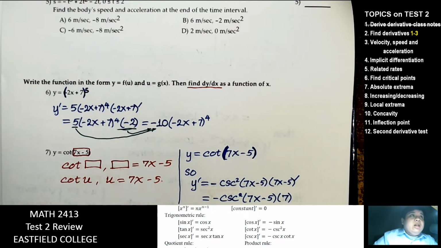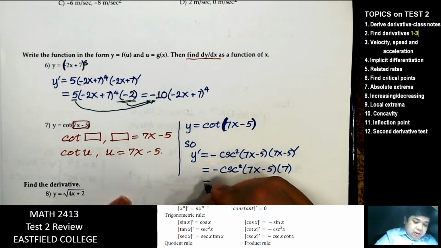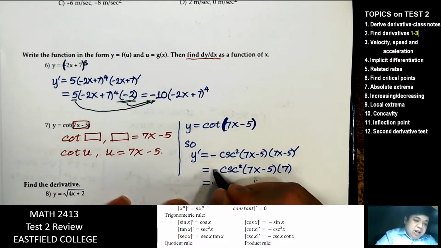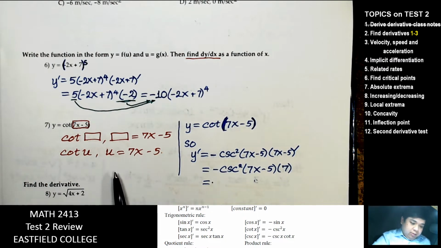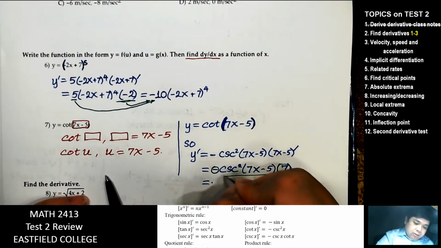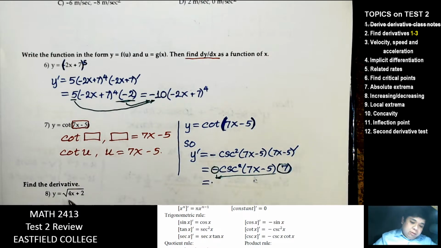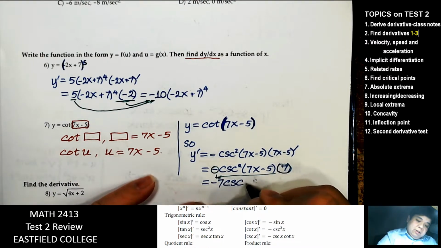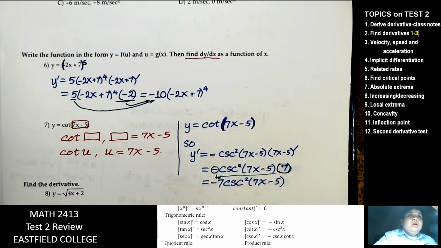And then I move the 7 in front. The 7 and the negative is negative 7. So we just do it like that. Right. So this is the typical chain rule.